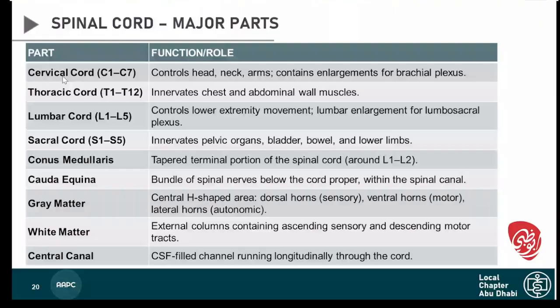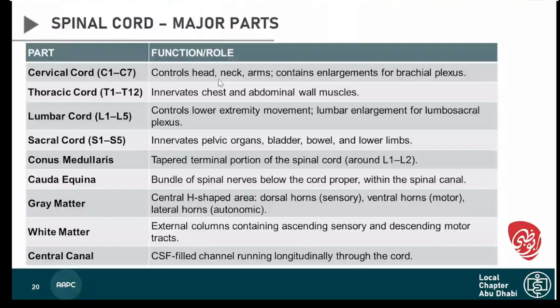The main function of the cervical cord is to control the head, neck, and arms, and any compression to the nerve roots exiting from the cervical region may cause cervicalgia or radiating pains to the upper limbs. Okay, so it controls the head, neck, and arms.